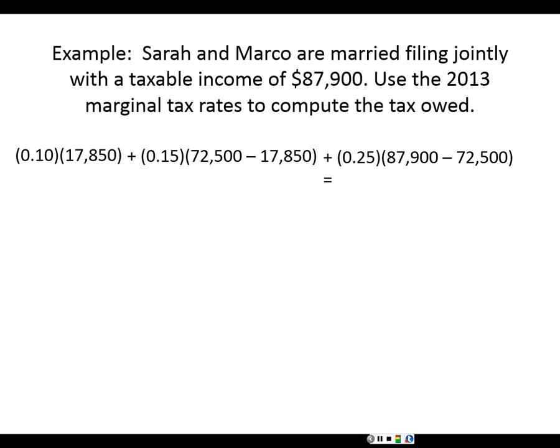There's not supposed to be anything wrong with that, but just strictly observation-wise, people who do it in pieces and parts instead of one big, long equation typed in tend to get it wrong. Somewhere along the line, they tend to mess up. So if I type it all in, or if I do it pieces and parts, when I combine it all together, I should have that they owe $13,832.50 in taxes.